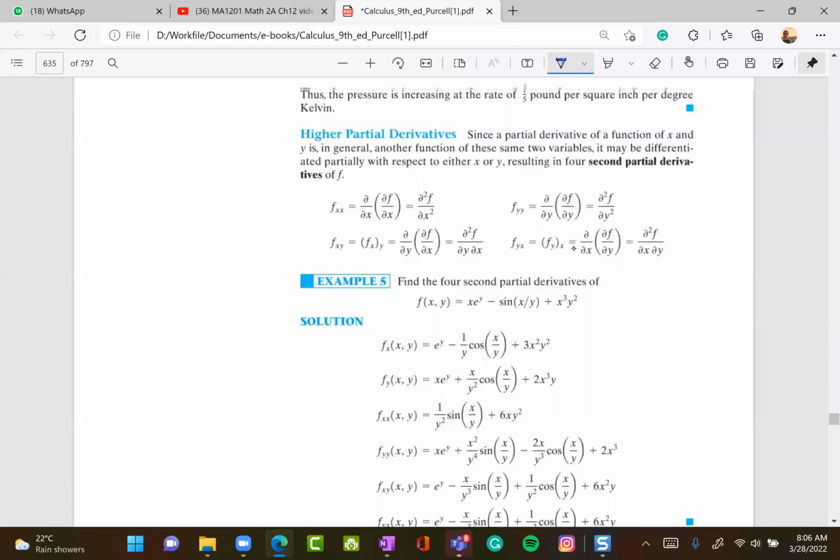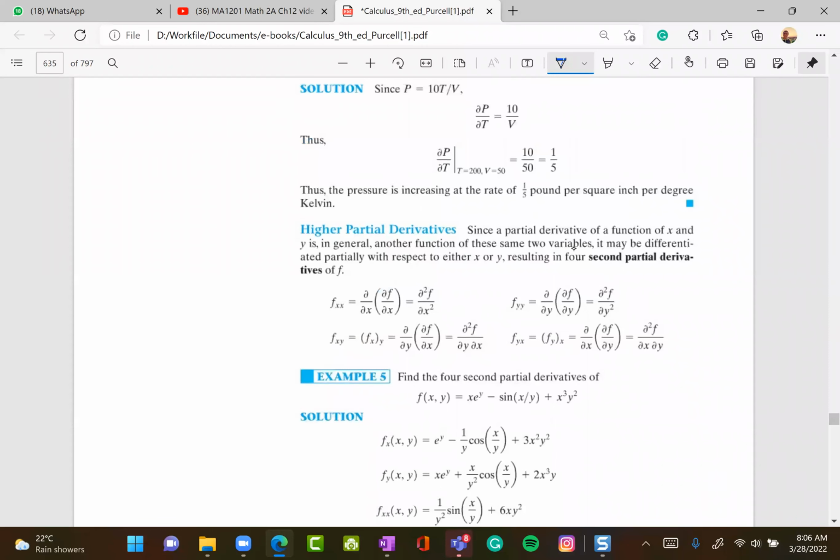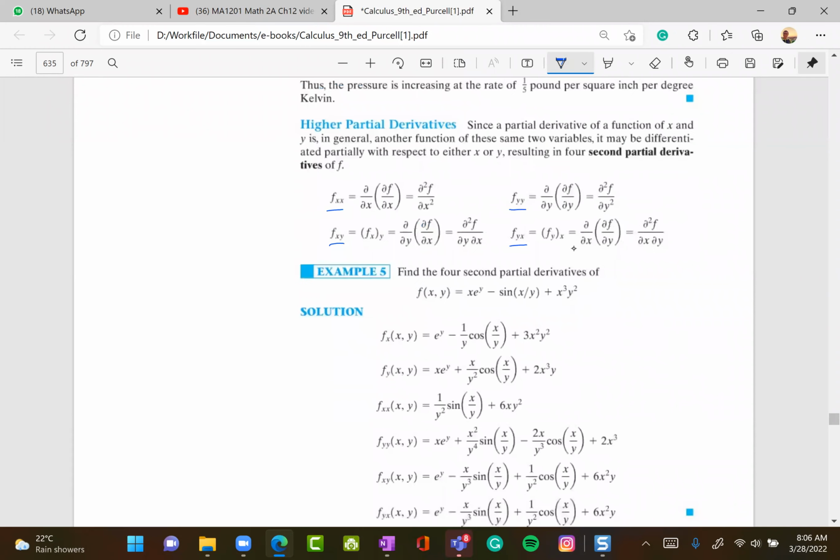Okay, so this is the second partial derivative. You have f x x, you have f x y, you have f y y, you have f y x. Okay, so for the second partial derivative of this one here.